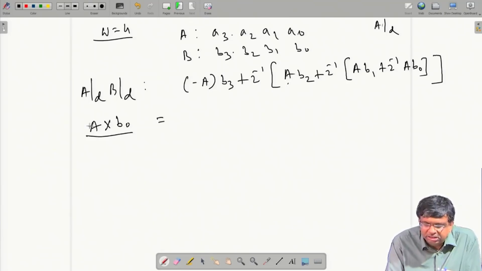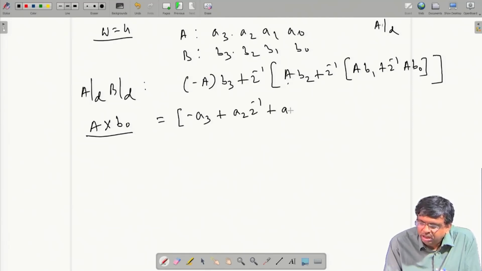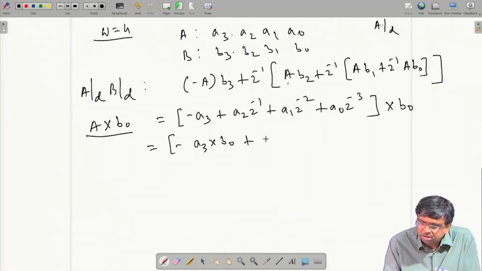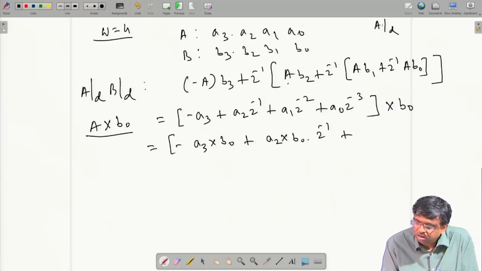But decimal A is now minus A3 plus A2 into 2 inverse, A1 2 inverse 2, A0 2 inverse 3, this into B0, which is minus A3 into B0 plus A2 into B0 times 2 inverse, A1 into B0 times 2 inverse 2 plus A0 into B0 2 inverse 3.